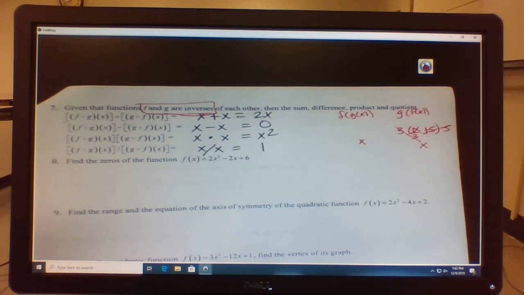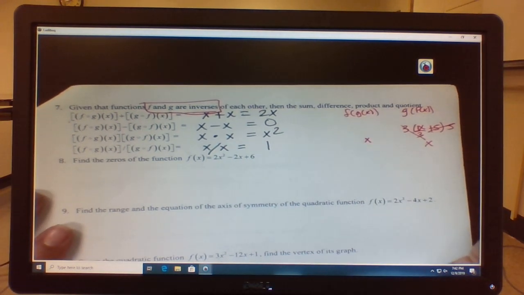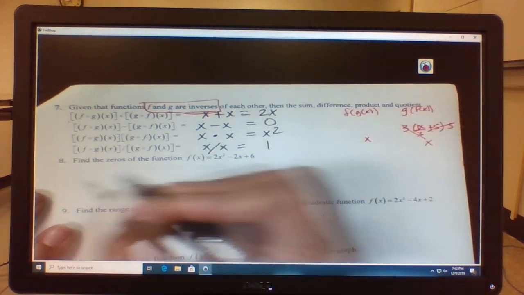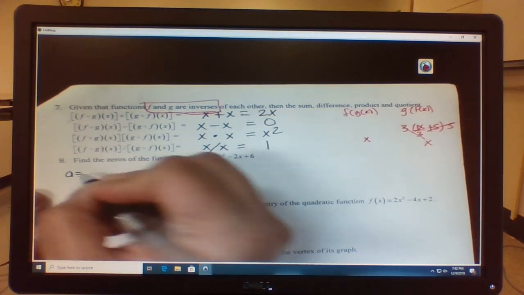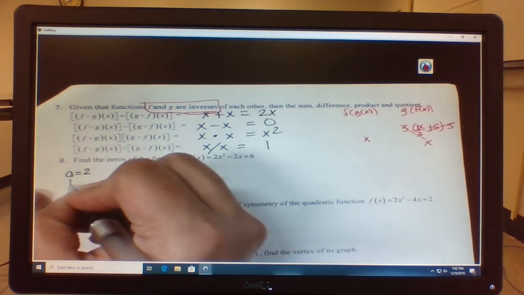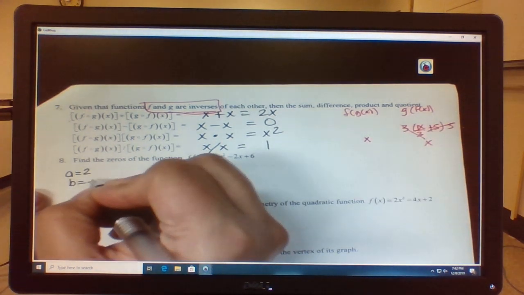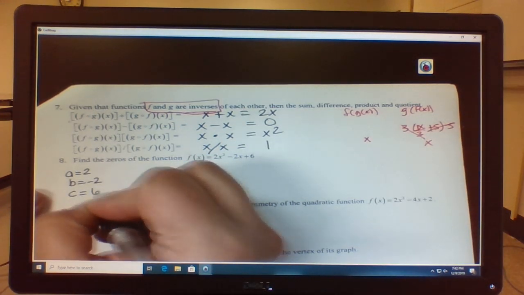What formula am I supposed to use for this one? The negative B minus. Very good. So we could use the quadratic formula. A is 2, B is negative 2, and C is 6.